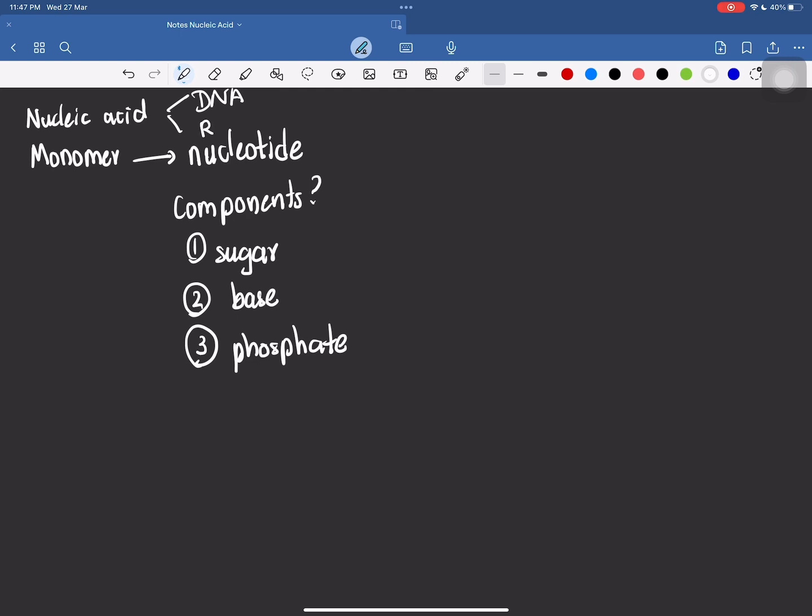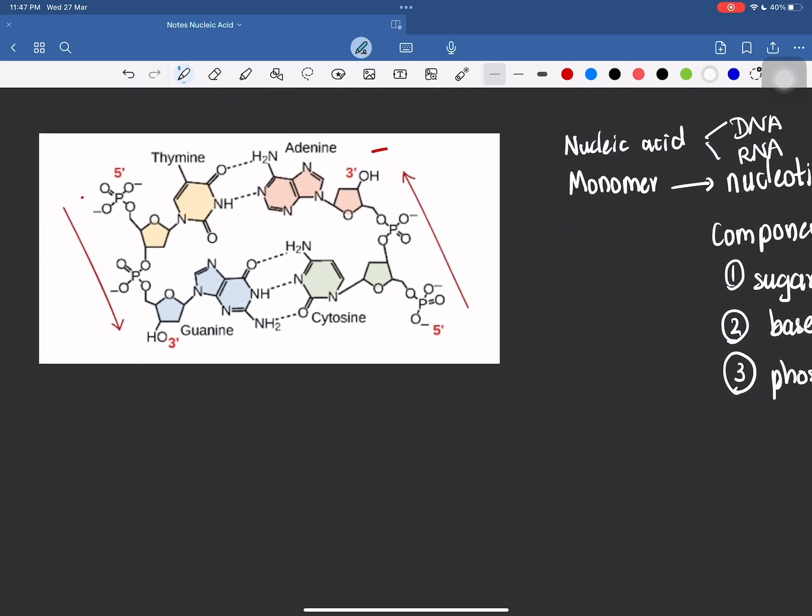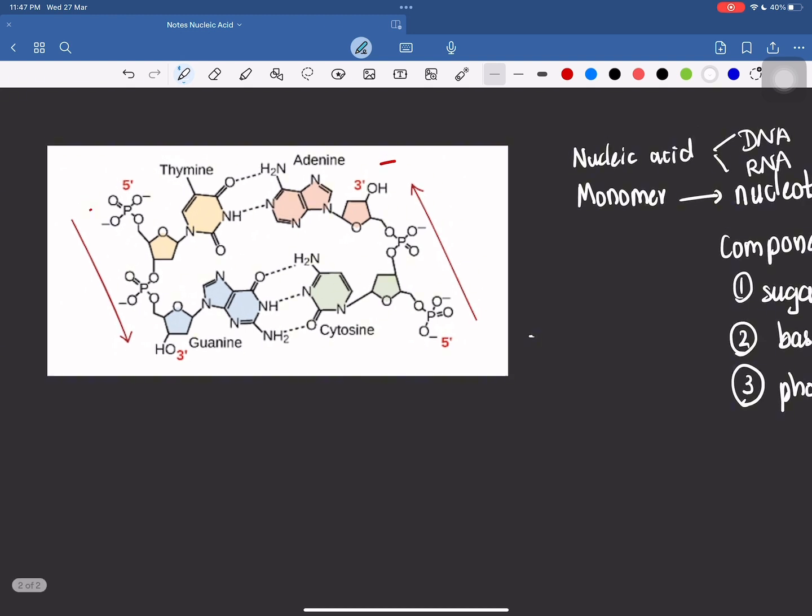For sugar, for DNA we have deoxyribose sugar and for RNA ribose sugar. For base, ATGC for DNA and AUGC for RNA, and we have the phosphate. Here is the figure that I got from Chem Academy.